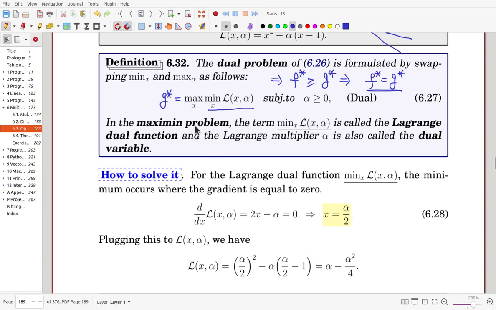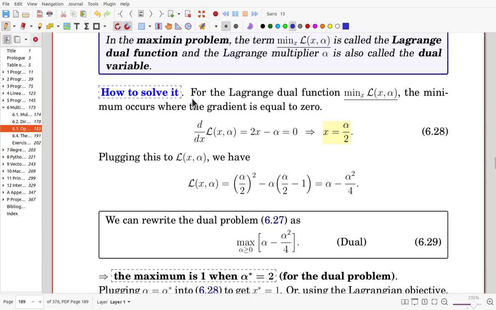Now we try to maximize this Lagrangian over alpha. So the problem becomes this. This can be easily solved. If you try to make a graph, you can see it this way. Once alpha is 0, then it's 0.